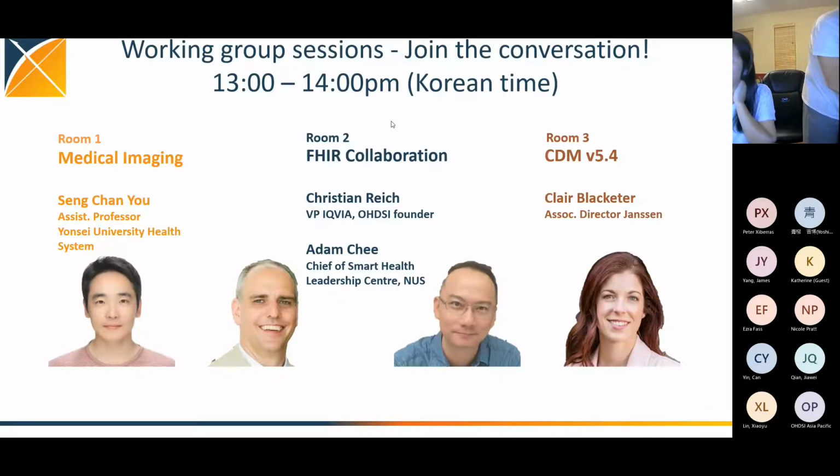Christian Rice, who is leading the OMOP and FHIR collaboration globally, will be there to answer any questions you may have from his presentation earlier. Adam Chi, the chief of the Smart Health Leadership Center in Singapore, will also be coming in to talk to us about his reactions to the FHIR and OMOP collaboration.